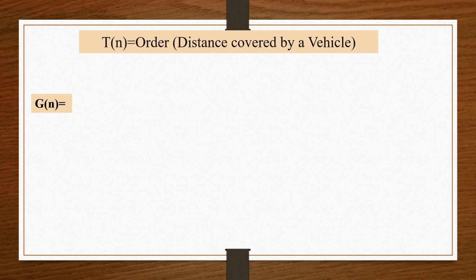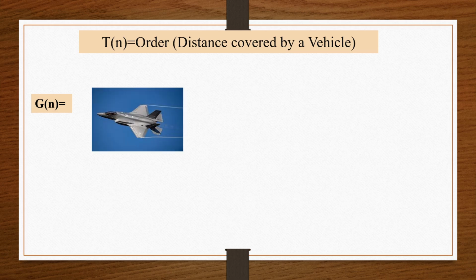See, this t of n is the function for which we are going to determine, and g of n is the one which we are going to compare with. So this g of n can be a jet. A jet covers maximum distance. So the distance covered by a vehicle, this is maximum distance.